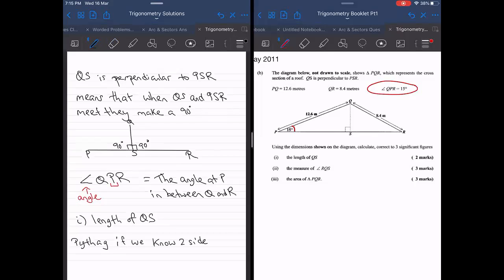But in this case, let's look at the triangles on this side. I know only one side, because I don't know PS and I don't know QS.